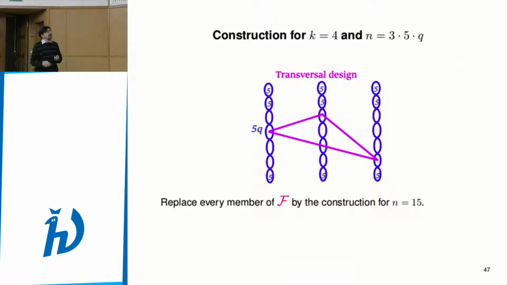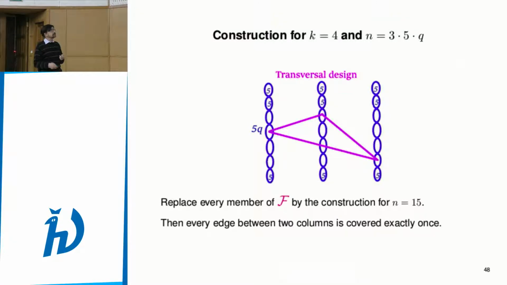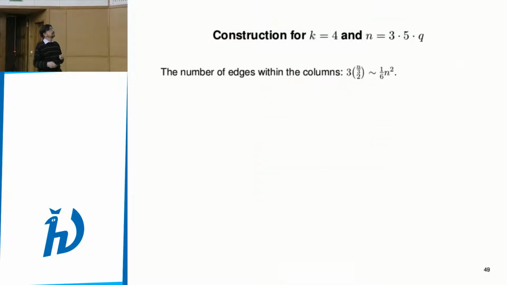So now we have a construction for n equals 3 times 5 times q, where q is a prime power. And in this case, the number of edges within the columns.